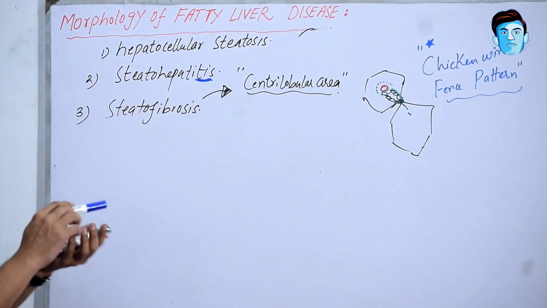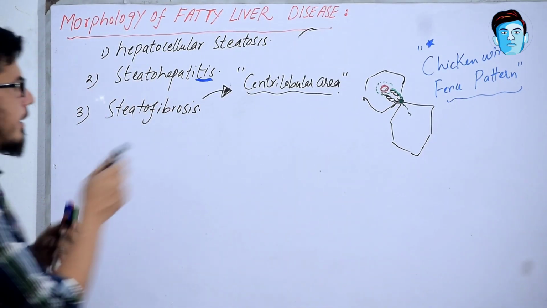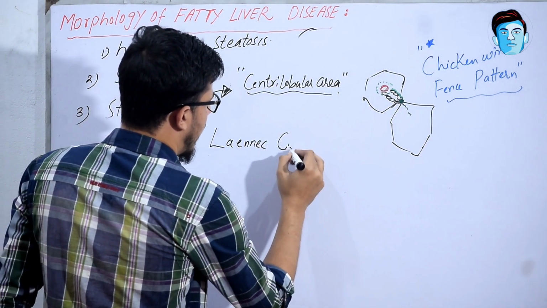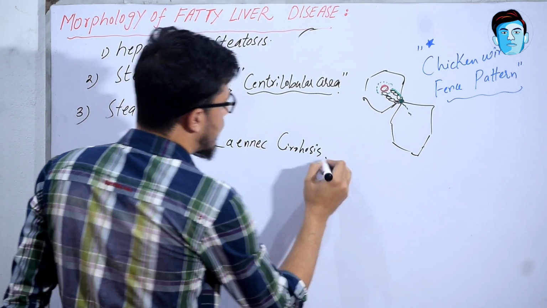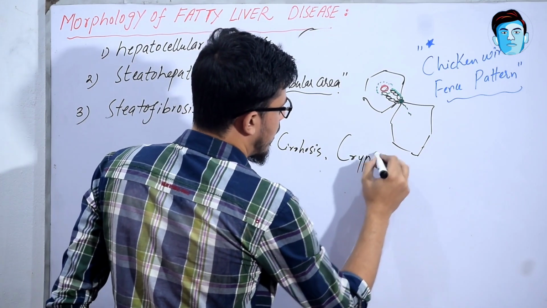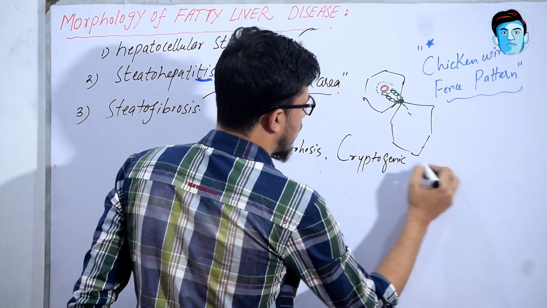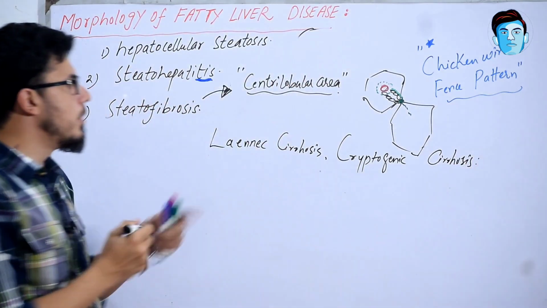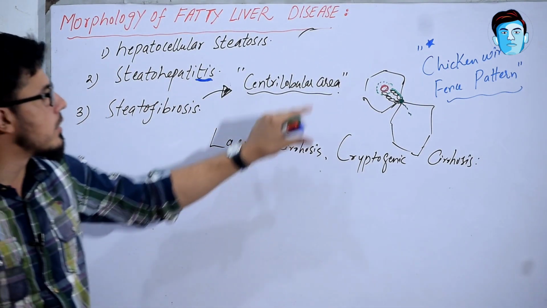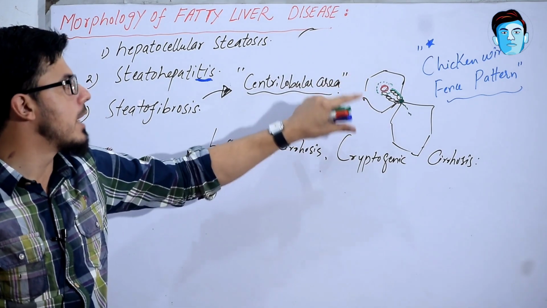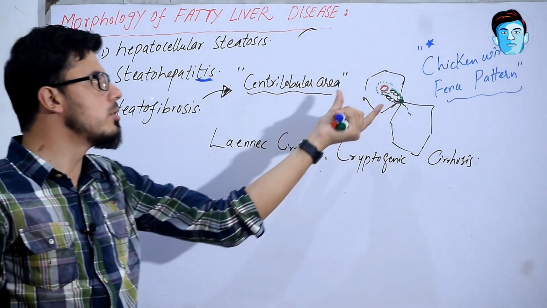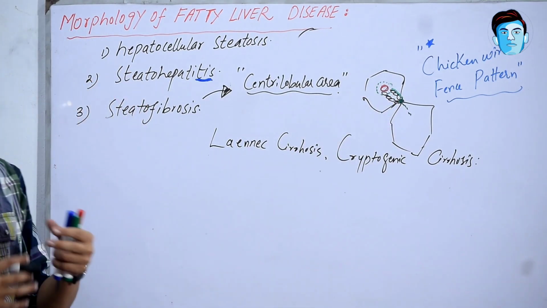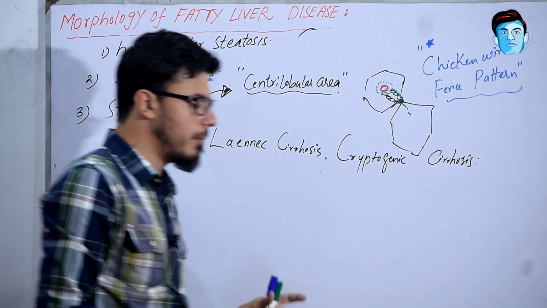There are two important terminologies mentioned in the book: Laennec cirrhosis, and another one, cryptogenic cirrhosis. Laennec cirrhosis means that whenever scarring and fibrosis involve the lobule, the lobules get contracted, and a nodular pattern develops in the hepatic lobule.